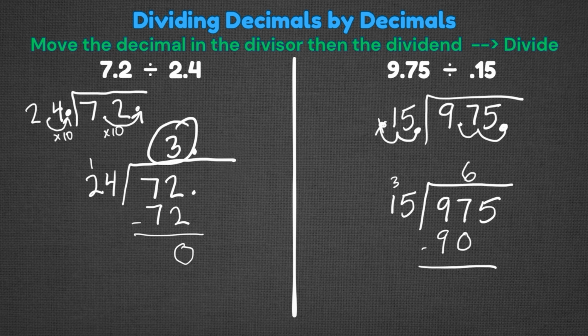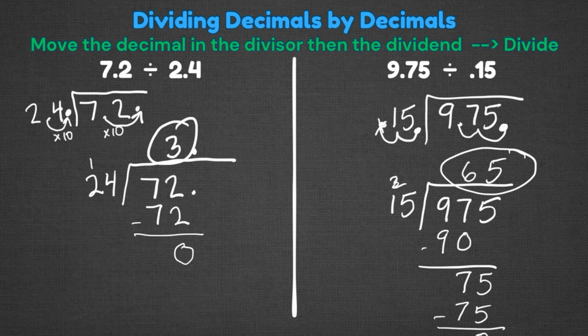We do some subtraction, and we bring down that 5. 15 goes into 75 5 times. 5 times 5 is 25. 5 times 1 plus the 2 gets us 75. And this is going to zero out with our answer of 65.